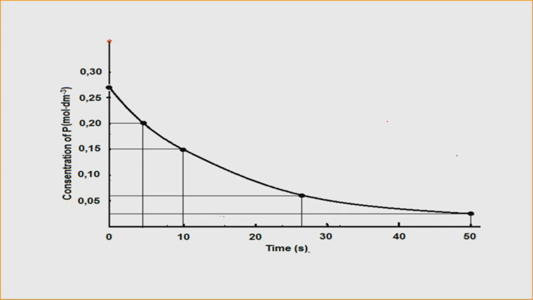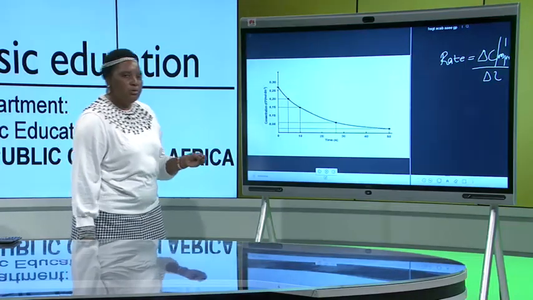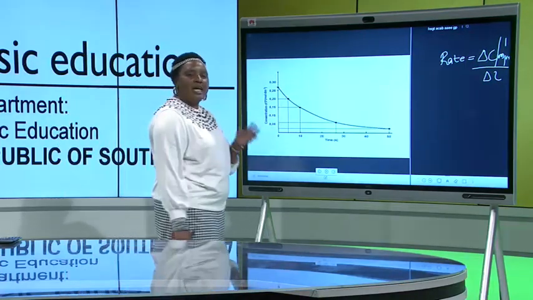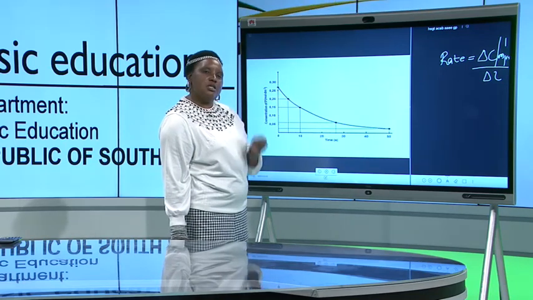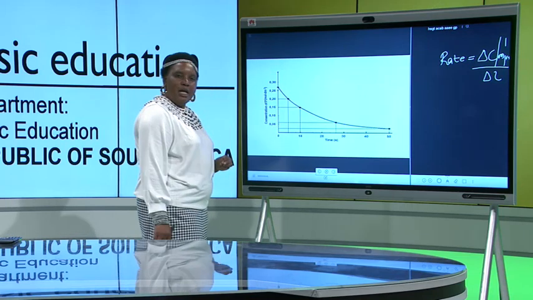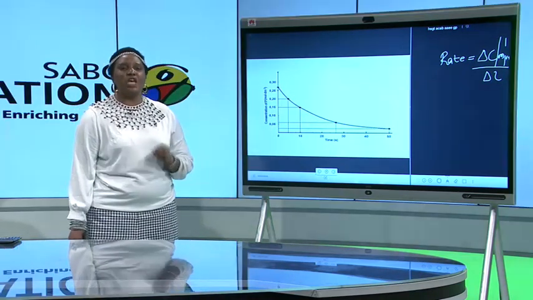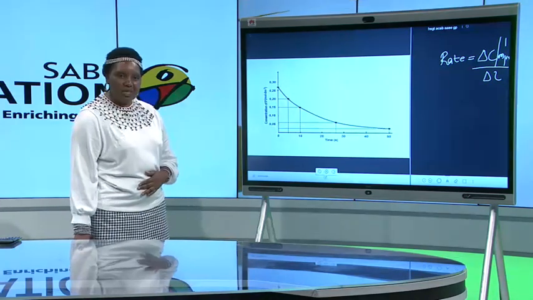When we were explaining the formula for calculating the rate, I said to you, rate of reaction is the change in concentration of the reactants or the product per unit time. So in the examination, grade 12, take note of the shape of the graph that you are going to be given.